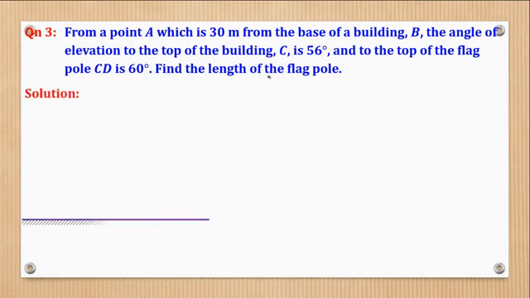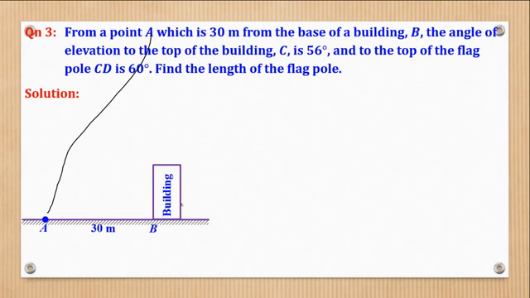We shall come and draw our ground. Now I think you realize how they draw the ground. Just draw a straight line, then you shade using these lines like this. That's how they draw a ground. We don't need too much art. Then they said from a point A, so that will be a point A on the ground. Then they shall have a building. Like I told you, you don't need to use too much art to draw a building.